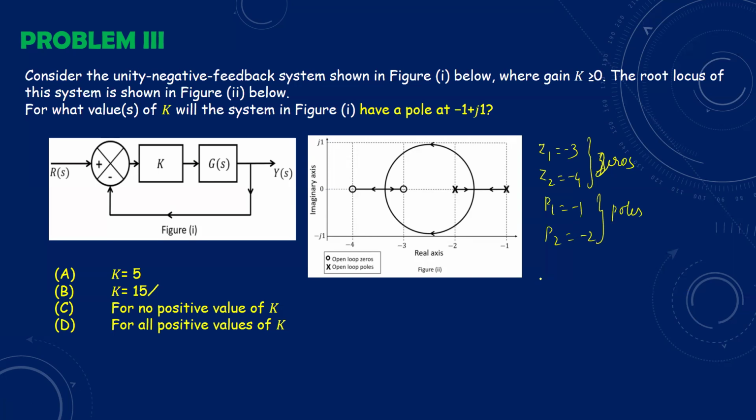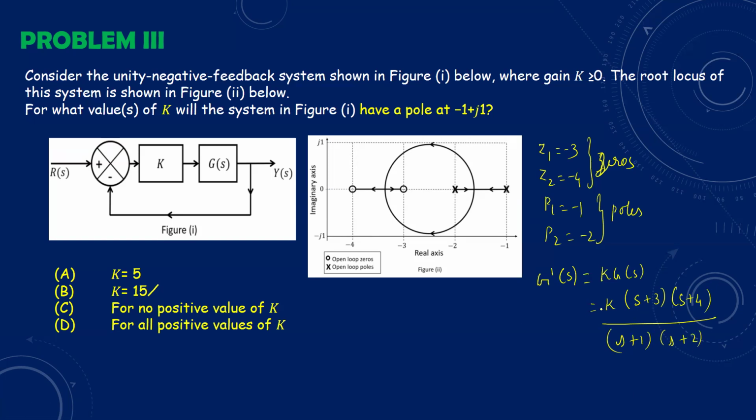We know numerator factors are zeros and denominator factors are poles. So we can find the open loop transfer function as k into G(s). So k into (s plus 3) into (s plus 4) by (s plus 1) into (s plus 2).